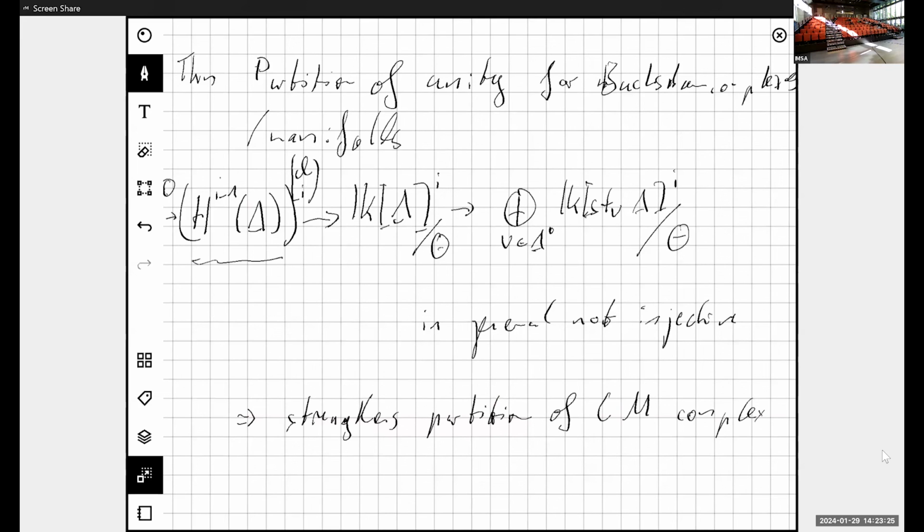And again, CM complexes are used in different ways throughout mathematics, so it's Cohen-Macaulay. And that's it.